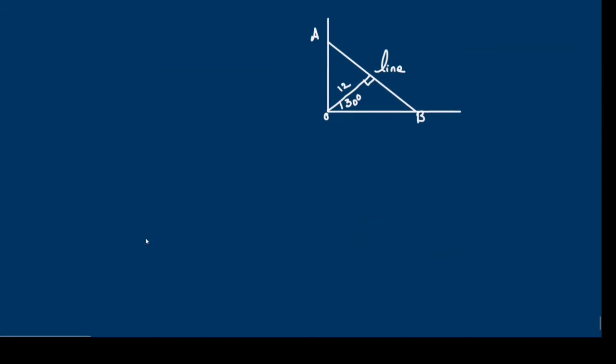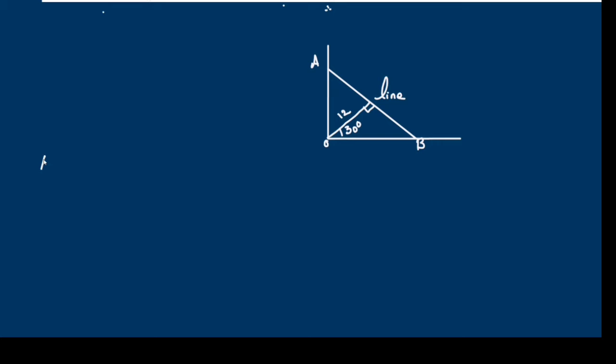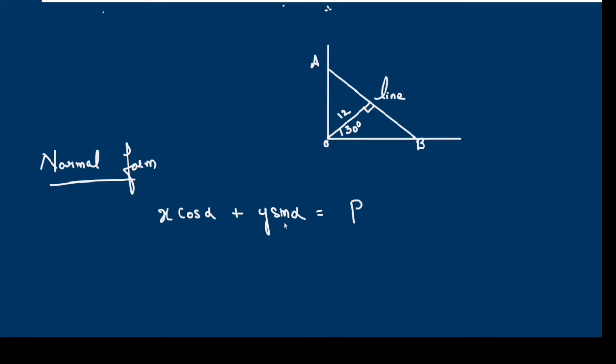So there is an equation, the normal form. Whenever they give you the perpendicular line and the angle, use the normal form of the equation. It is x cos alpha plus y sin alpha is equal to p. Your alpha is 30. So x cos 30 plus y sin 30 is equal to the perpendicular distance, that is 12.